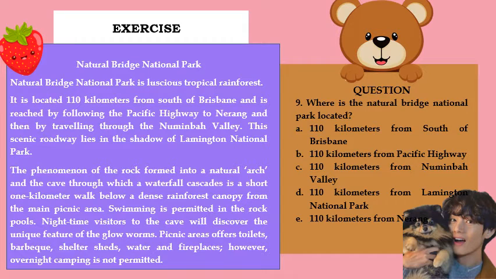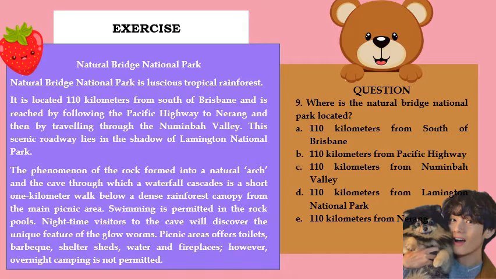Question 9. Where is the Natural Bridge National Park located? A. 110 km south of Brisbane. B. 110 km from Pacific Highway. C. 110 km from Numinbah Valley. D. 110 km from Lamington National Park.